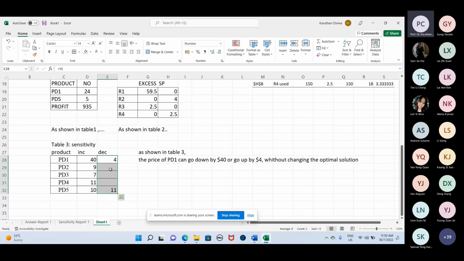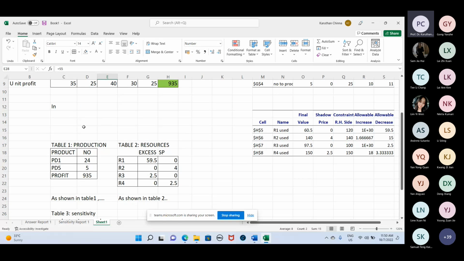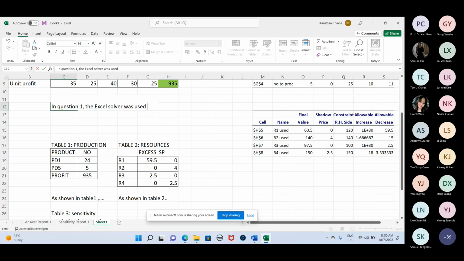So just tell here, in this example, in question 1, the Excel solver was used in the analysis.